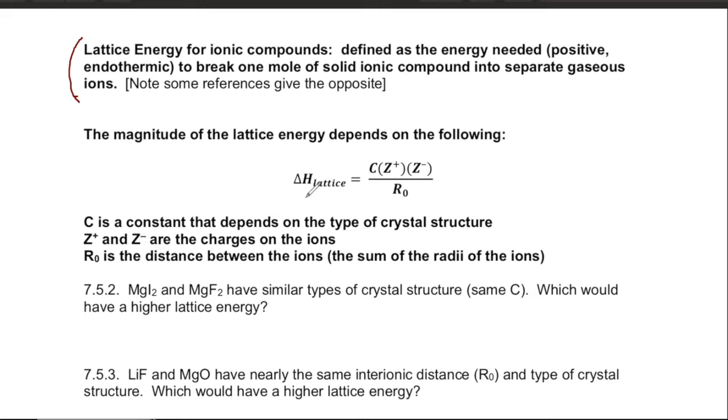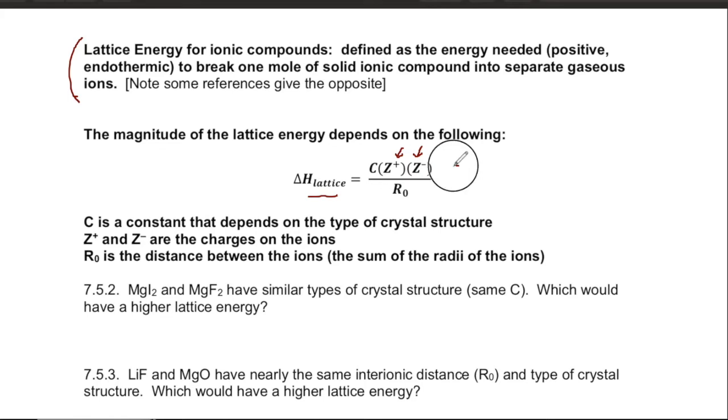The lattice energy, it turns out, is dependent on the magnitude of the positive and the negative charges. So it is more difficult, or it takes more energy, to break apart ions that are +2 and -2 than it does to break apart ions that are +1 and -1, which kind of makes sense. If they have a larger charge, they're more attracted to each other, so it's going to be harder to break them apart.